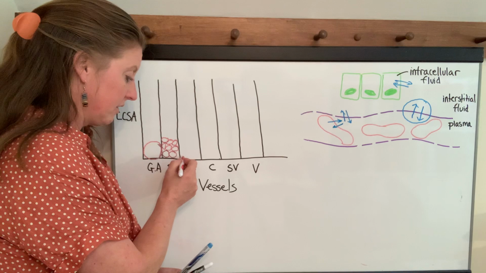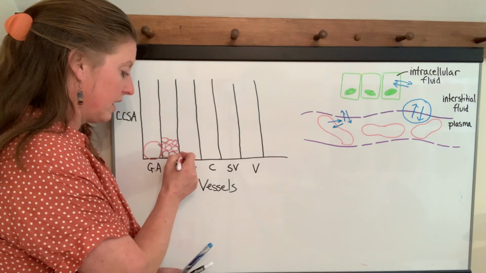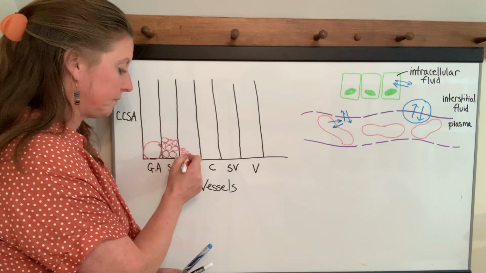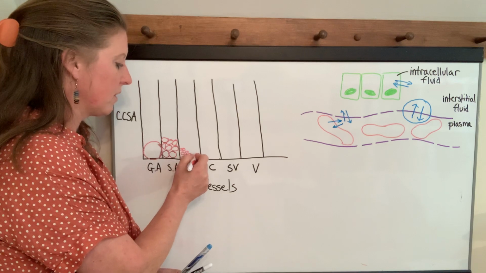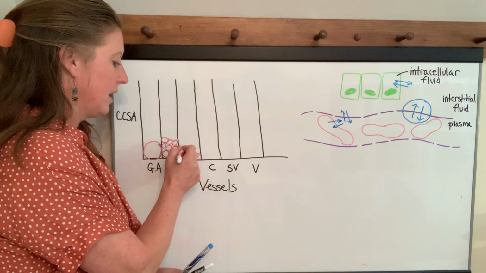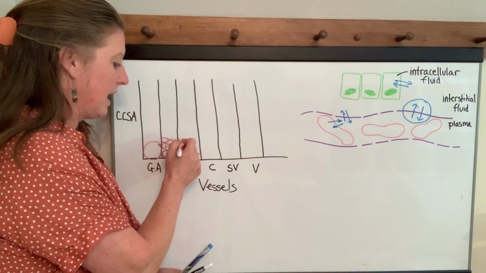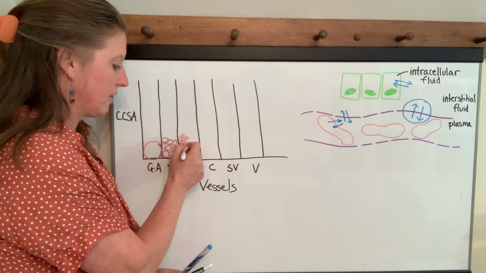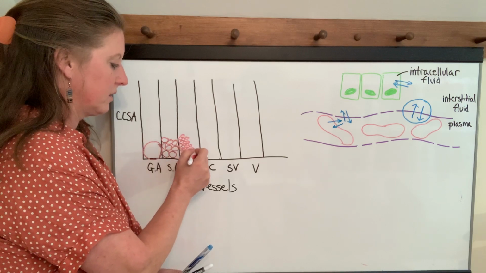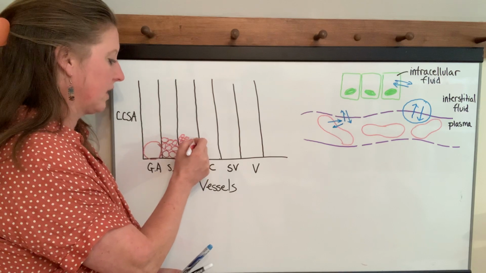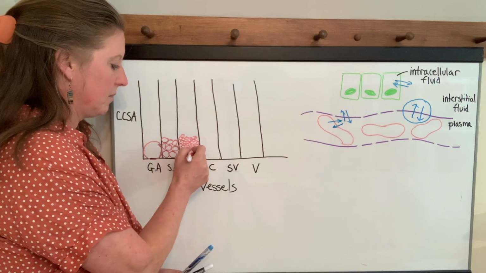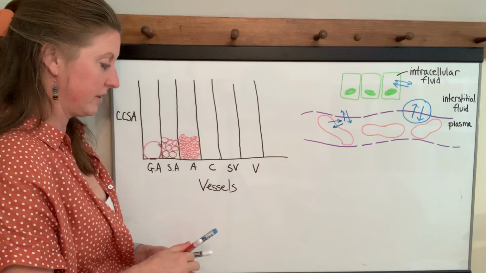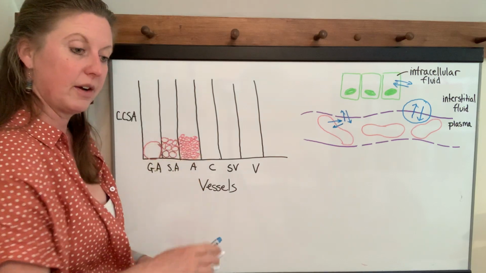Same thing with the arterioles. They're much smaller than the small arteries, but there are many, many more of them. And so the total combined cross-sectional area for arterioles, all right, so I'm adding in all the arterioles that we've cut here, the combined cross-sectional area for arterioles is even higher.